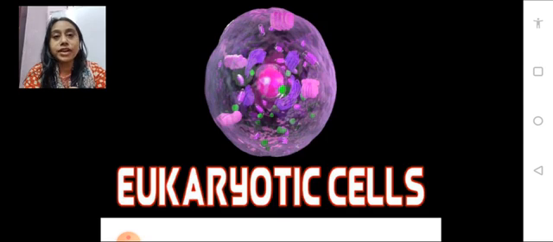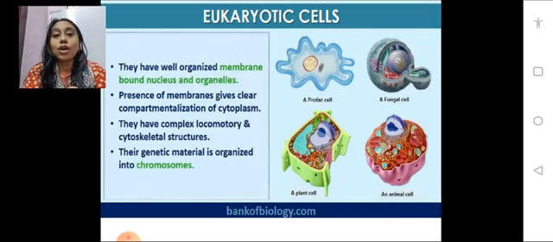Eukaryotic cells. Already we have known many characteristics about eukaryotic cells from class 9 onwards. We already know that these cells have a well organized membrane bound nucleus, as well as membrane bound organelles. The presence of this membrane gives a clear compartmentalization of the cytoplasm.